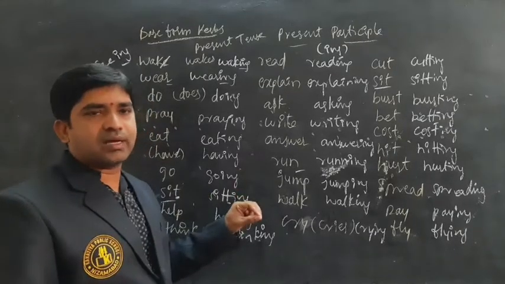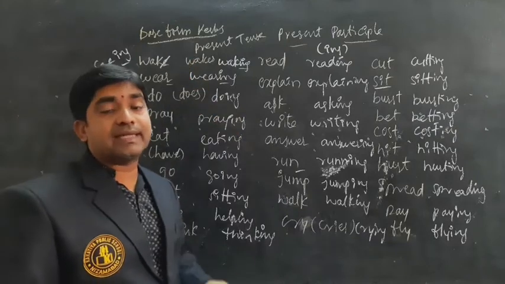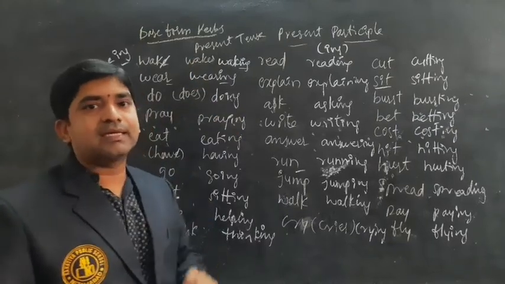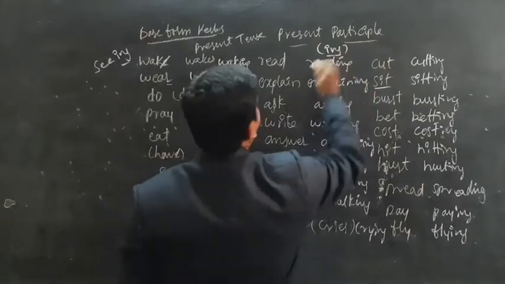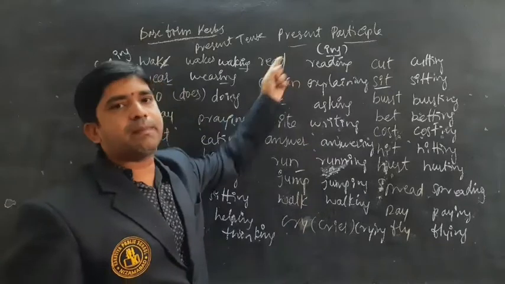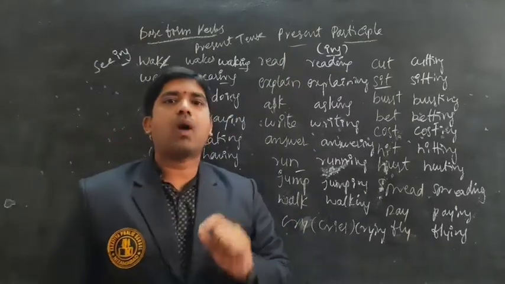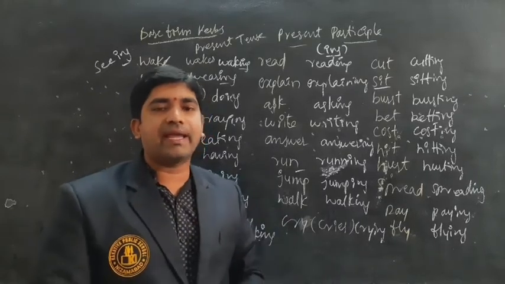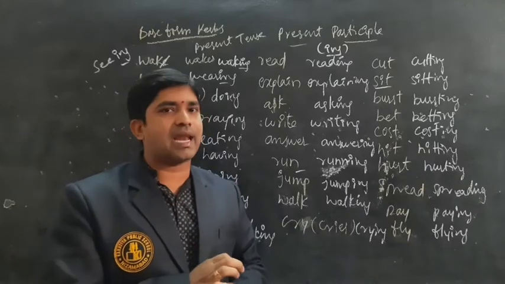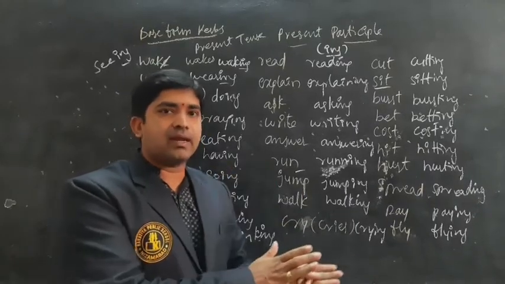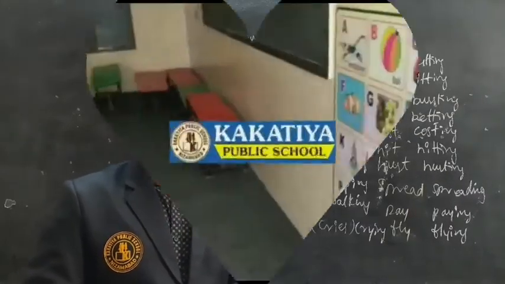Adding something to the end of a base verb or any word, we call it a suffix. And here we are using the suffix ing for forming the present participle. In this class we learn the rules for adding ing to the base form, and we also learn the difference between the present participle and the past participle.